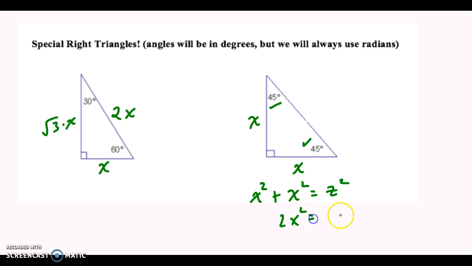So I get 2x squared is equal to z squared, and I want to solve for z, so I'm going to take the square root of both sides, and I'm going to get z is equal to root 2 times x, or x root 2.